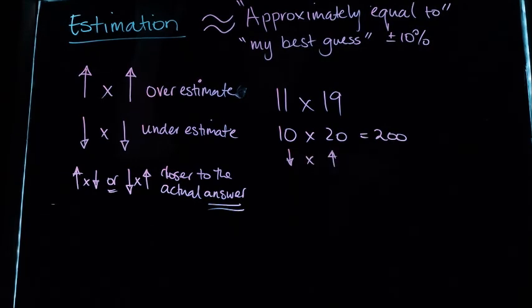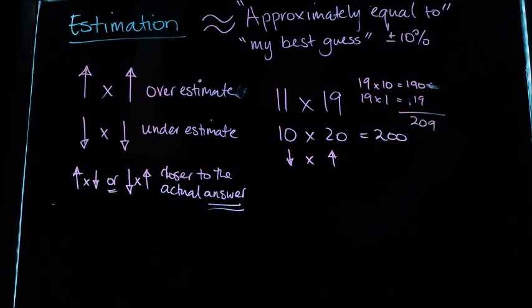So let's just check how close we are to the answer. And I'm thinking about this as 19 times 10 is 190. Plus, what have we got? 19 times 1, which is 19. So we're at 209.